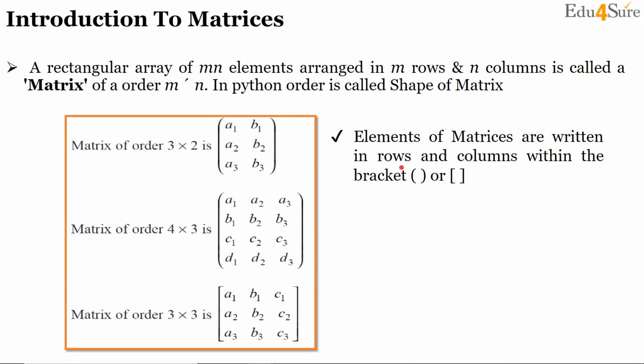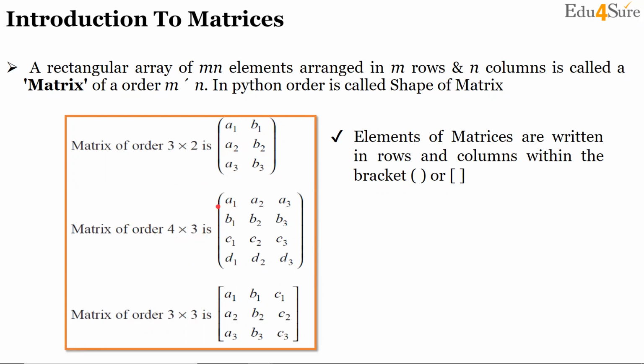The elements of matrices are usually written in brackets, and these A1, B1, A2, B2 are the elements, which can be numeric elements like 1, 2, 3. Similarly, a matrix of order 4 cross 3 will have how many total elements? The total elements will be equal to 12. 4 into 3 becomes 12.